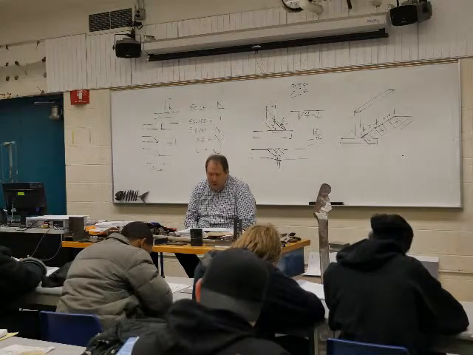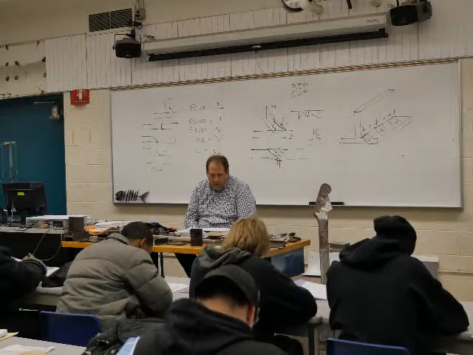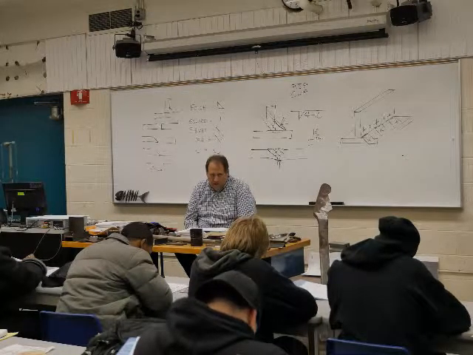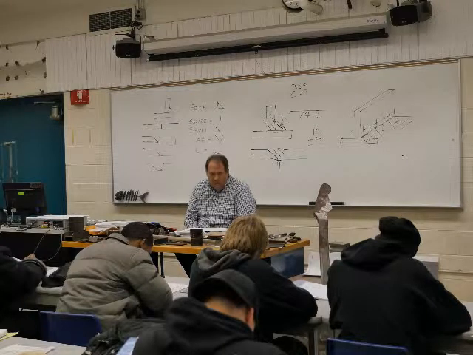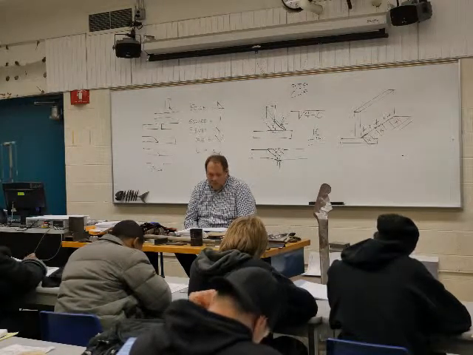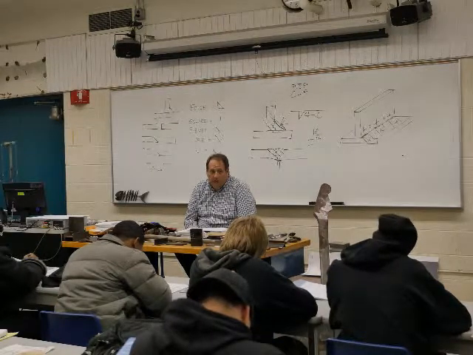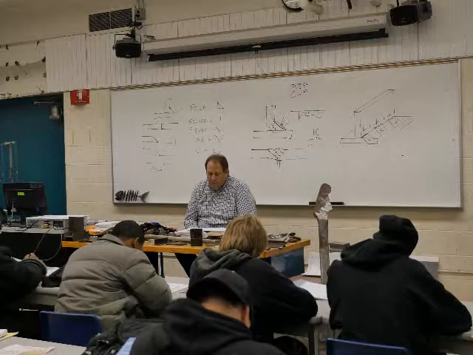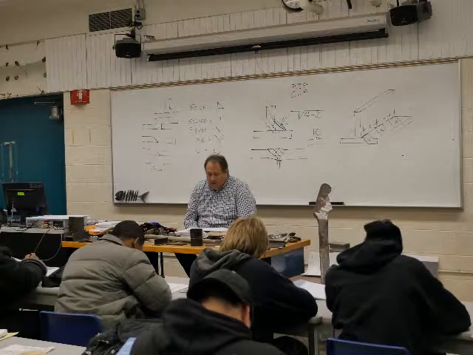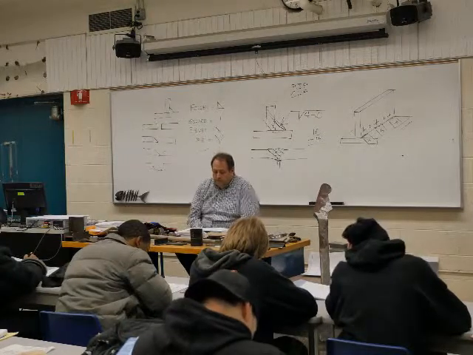So on view X, how many weld symbols are there? 5 on view X. 2 arrows. They're using 1 reference line, but there's 2 arrows. So what about view Z? How many weld symbols?